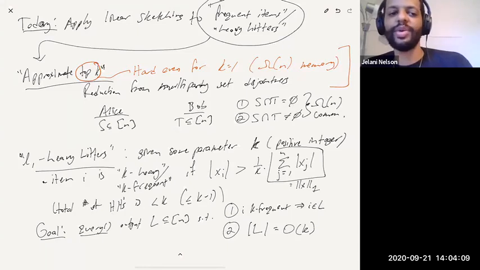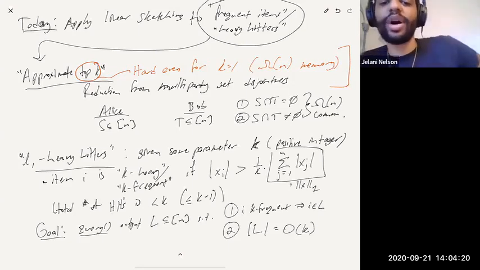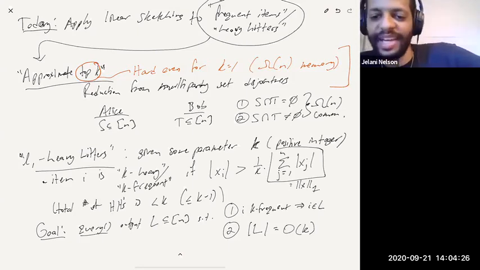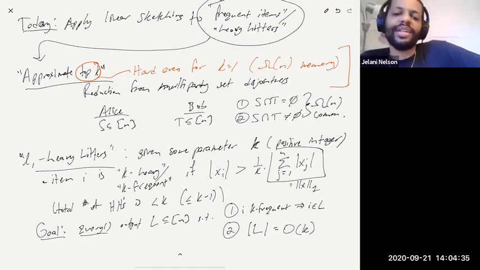So since we can't solve that problem, we're settling for some kind of approximation of that problem. Notice that if you are more than a 1/k fraction of the L1 norm, then you definitely are in the top k. So if you're an L1 heavy hitter, you are in the top k. But if you're in the top k, you're not necessarily a heavy hitter.